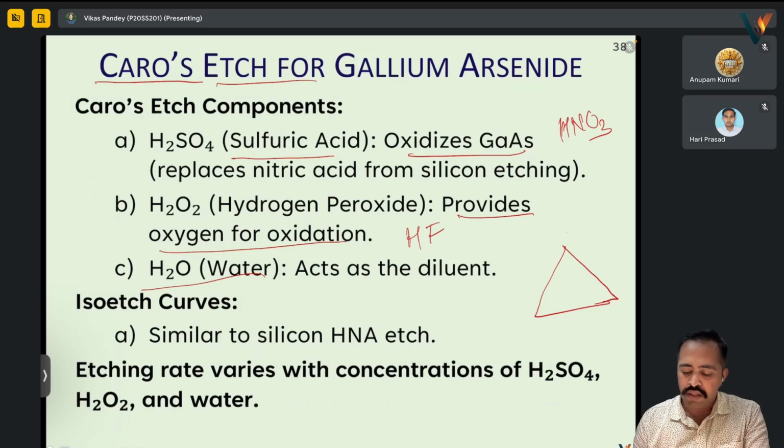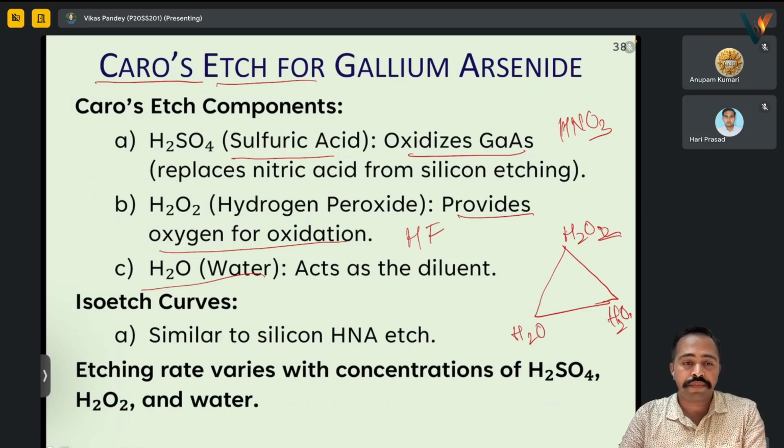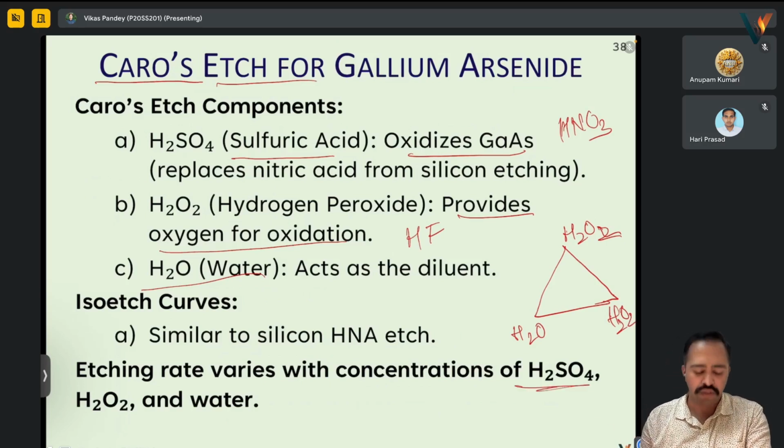So instead of HF, it will become H2O2, here it will become H2O, and here it will become H2O2. It is similar to HNA, where the combination of H2SO4, H2O2, and water will determine the etch rate variation.